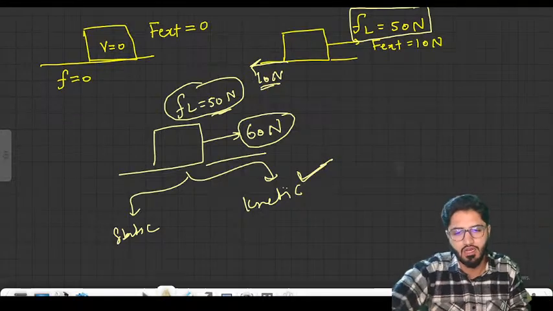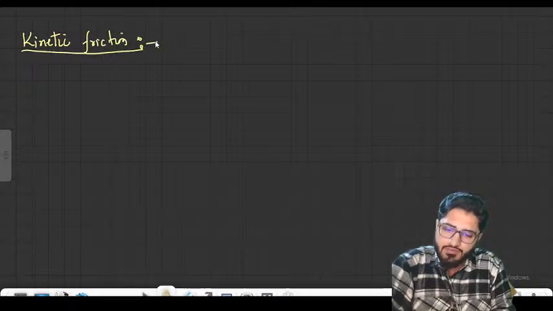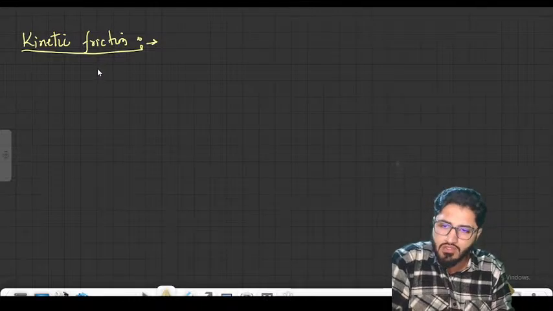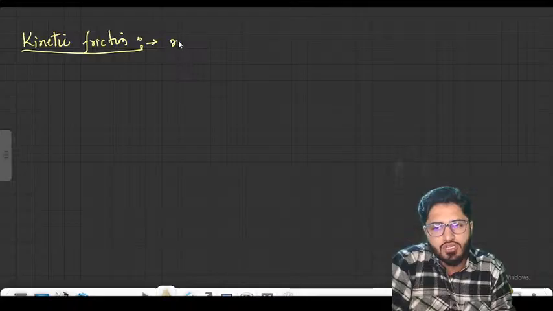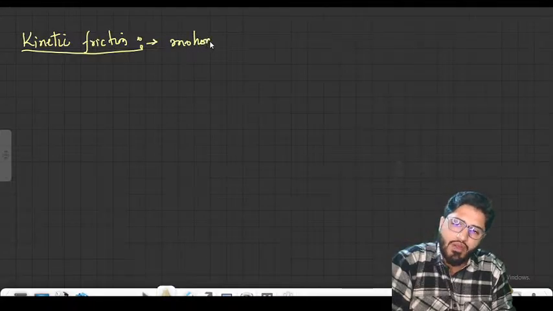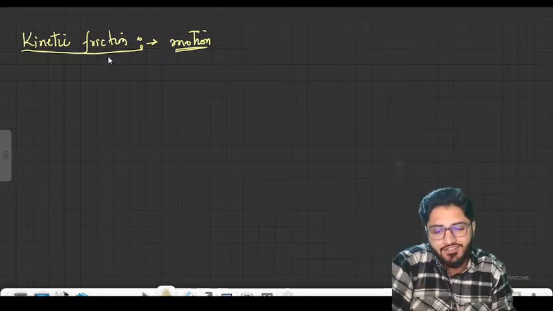Okay, now let us start. What basically is kinetic friction? As I told you, when the two bodies are in motion, so in the motion state, the friction is known as kinetic friction.